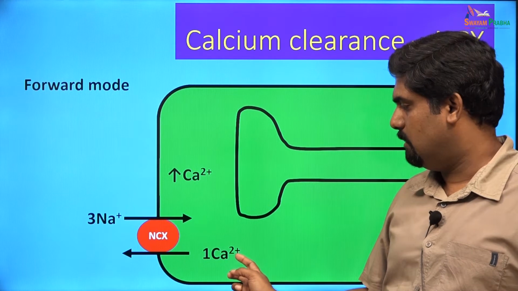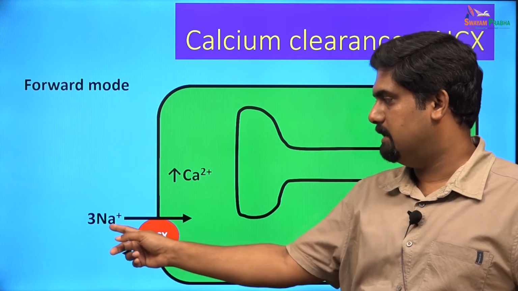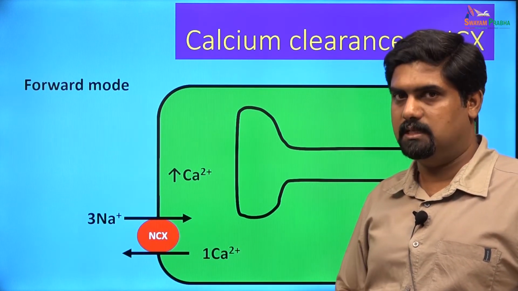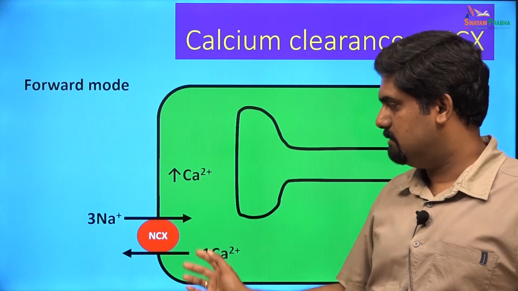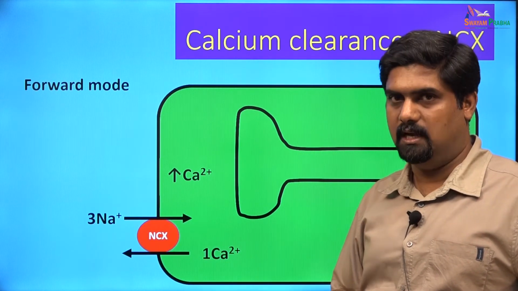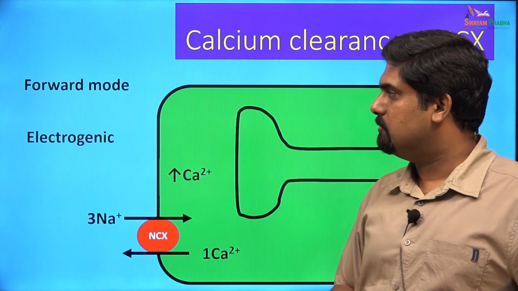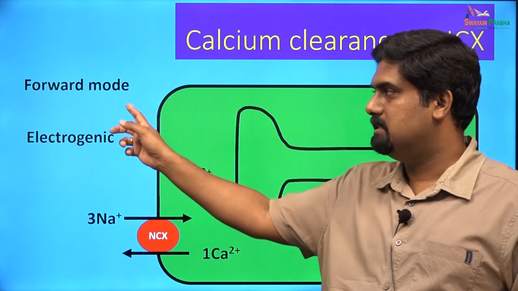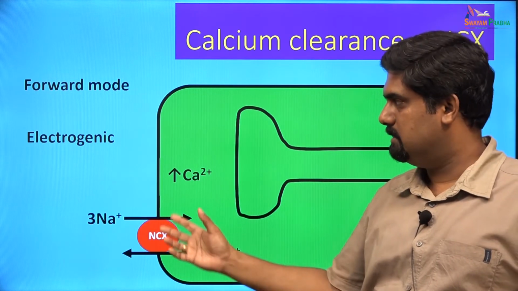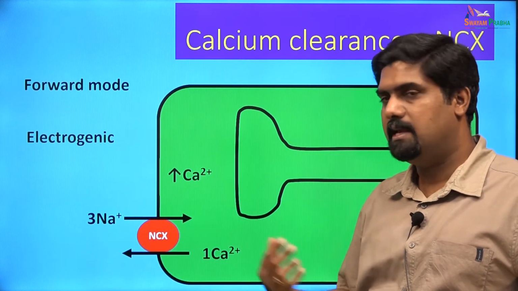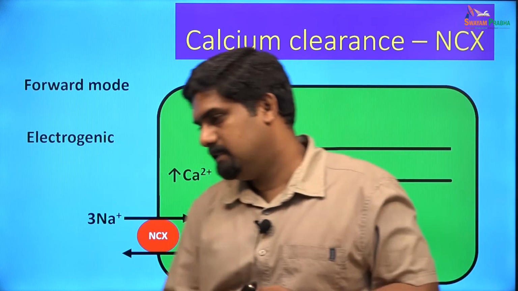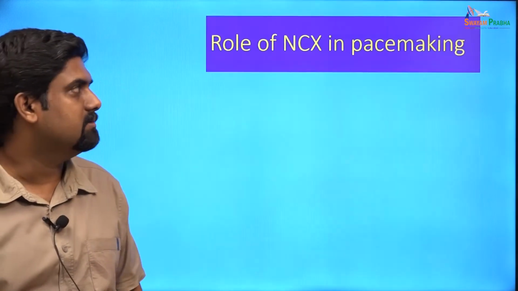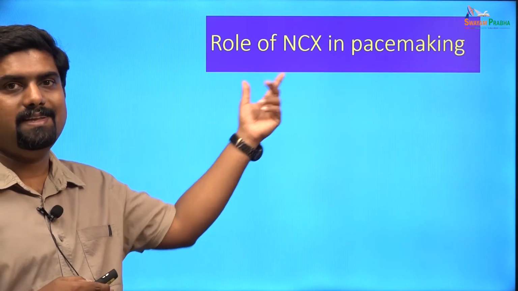So there's a loss of 2 positive charges and a gain of 3 positive charges. The net gain is 1 positive charge, and therefore the sodium calcium exchanger is electrogenic when it is functioning in the forward mode. This action of the sodium calcium exchanger is important for the pacemaking function.